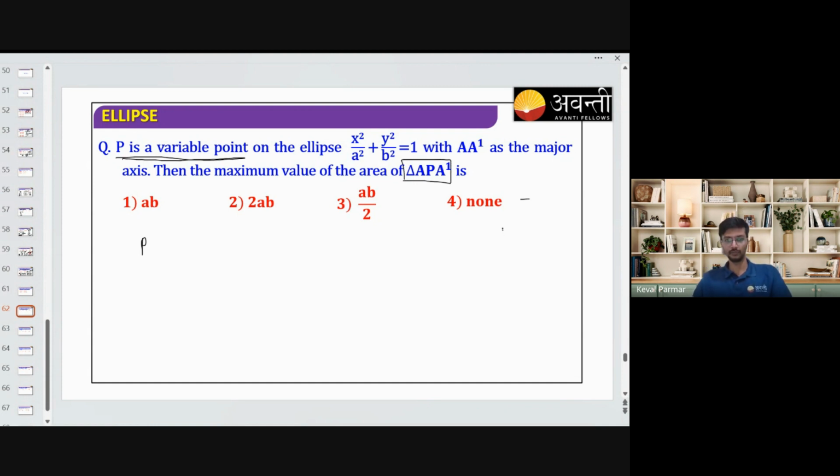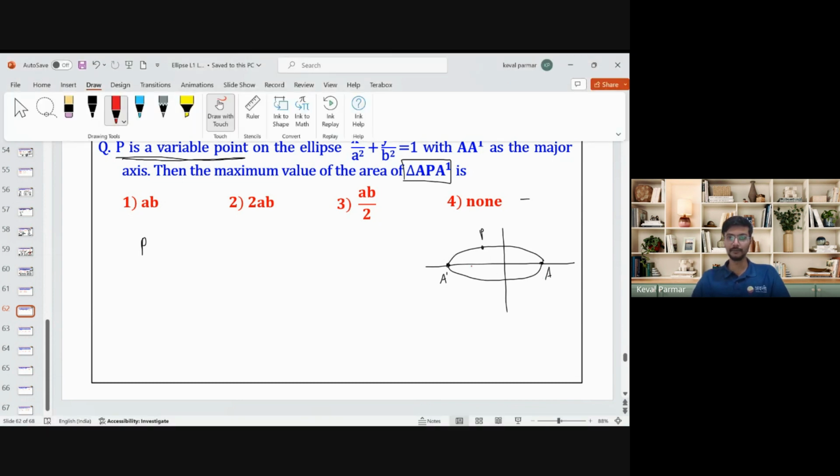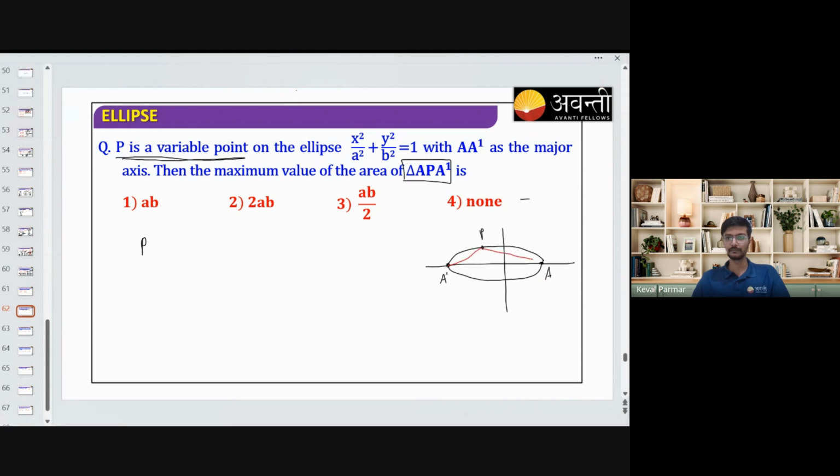See, let me try to draw the diagram. This is the ellipse. This is the major axis A dash A. And P is any point. Then if I join these points, I'll get a triangle. The maximum area of this triangle is asked. We have the coordinates of A, it is a comma 0.